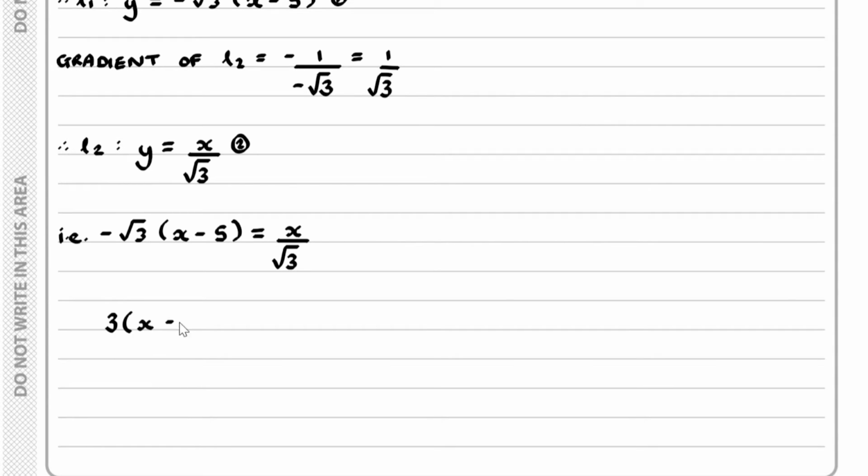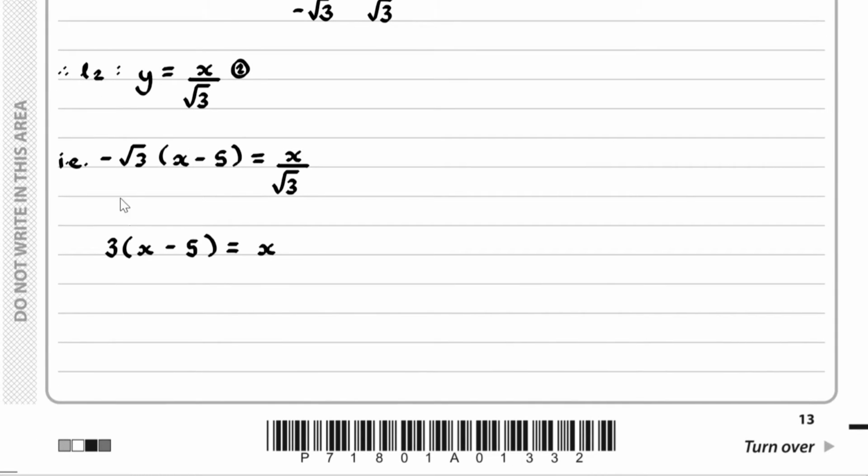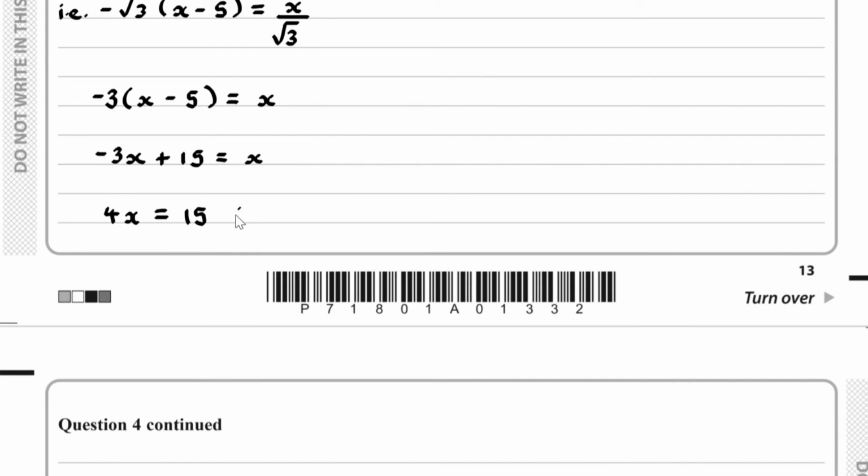So I've got negative 3 times x minus 5 equals x. And then I've got minus 3x plus 15 equals x. 4x is 15, which means x is equal to 15 over 4.